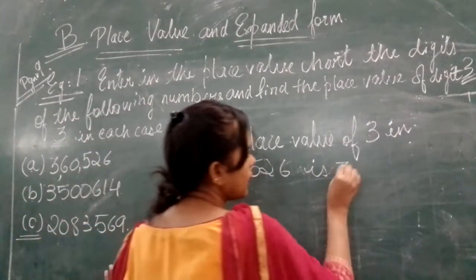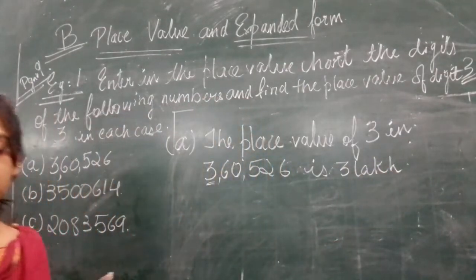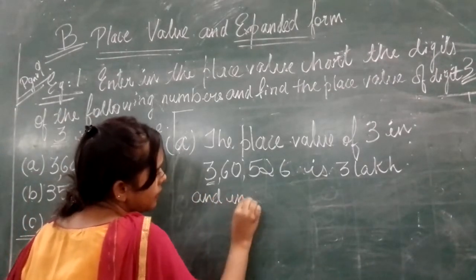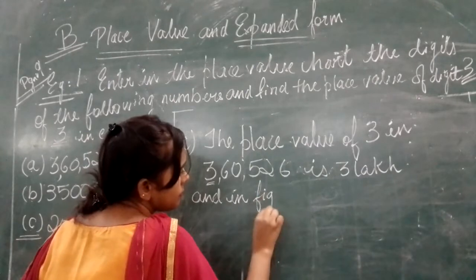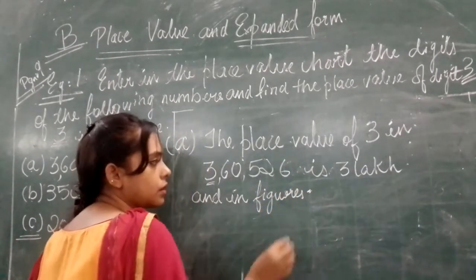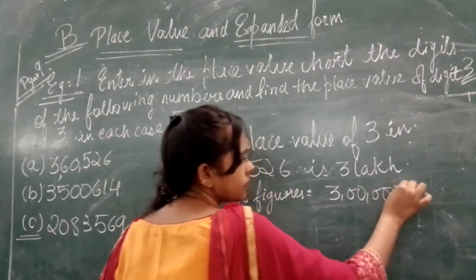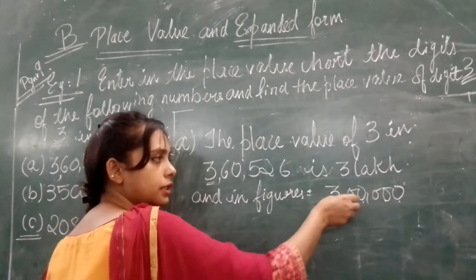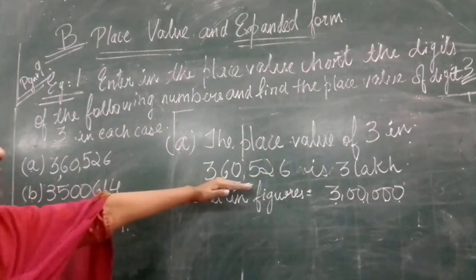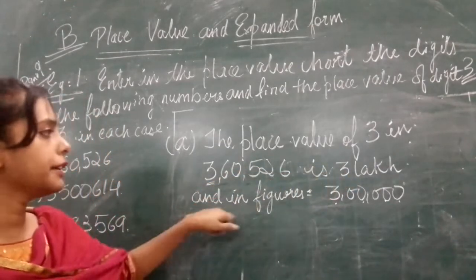Yes, so it's 3 lakhs. Yes or no? And in figures, how will you write 3 lakhs? Units, 10, 100, 1000, 10,000, lakhs. Okay. So the place value of 3 in 3,60,526 is 3 lakh, and in figures you will write it.